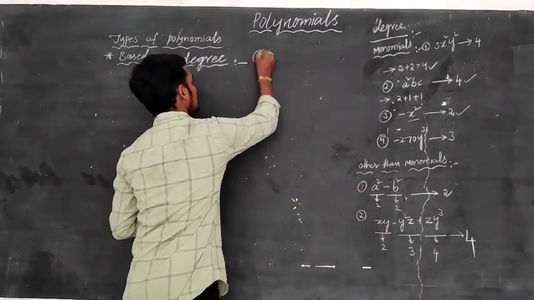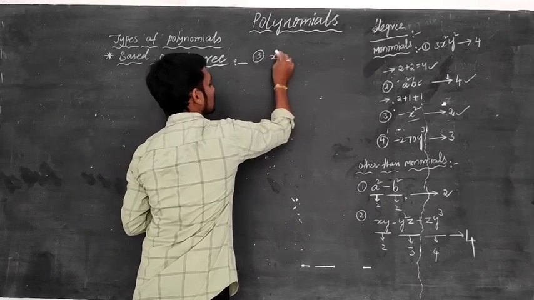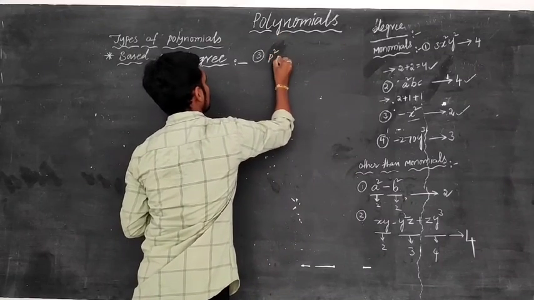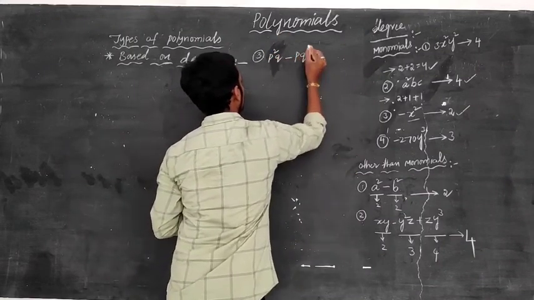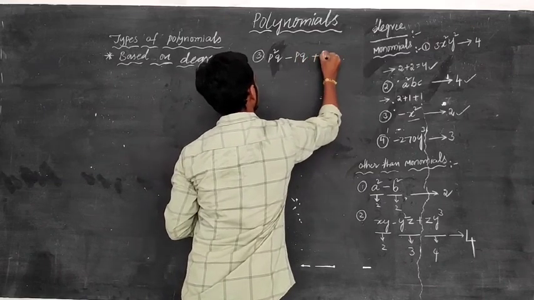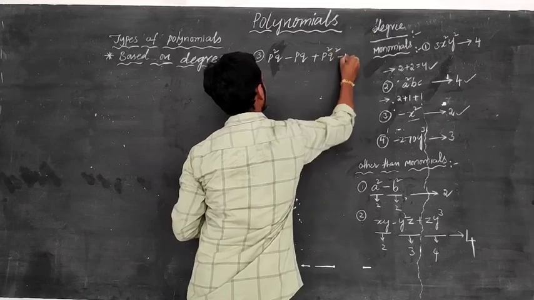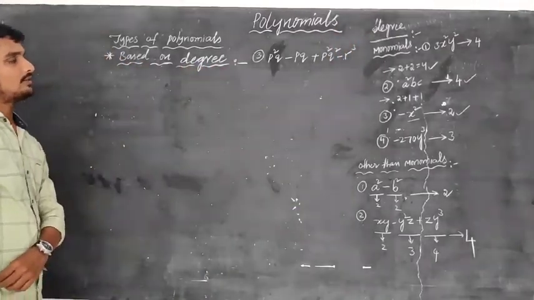Third example. For example, I am writing, since every question has x or y, something different: p square q minus pq plus p square q square minus r cube. Now we can find the degree of the polynomial.